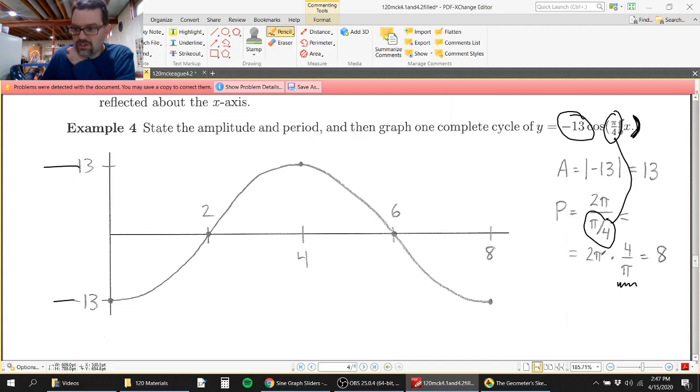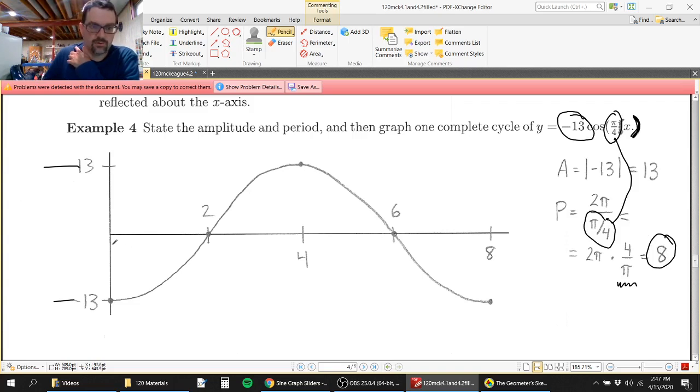And when you multiply the two together, the pi's actually cancel, and all you get is 8, which is great because number one, it's a whole number, and number two, there's no pi in the period. That can happen. In fact, when you get a nice pi for this number inside the function, your period will usually work out to not have pi in it.